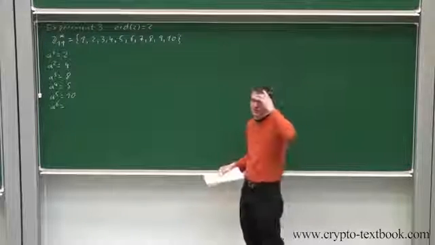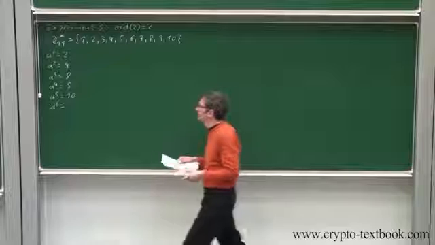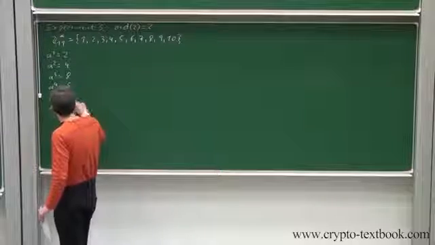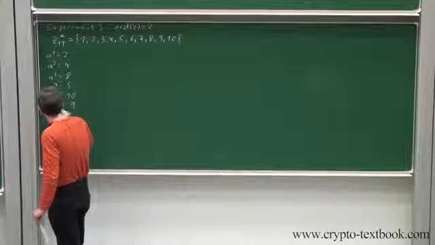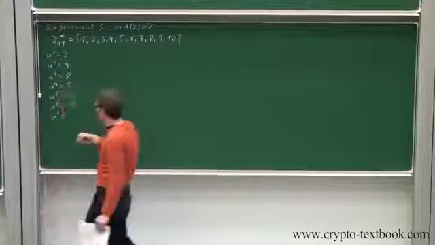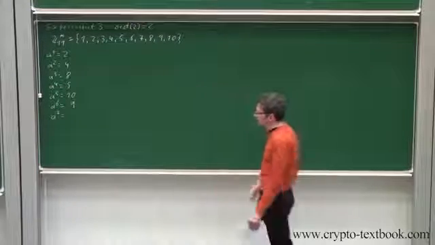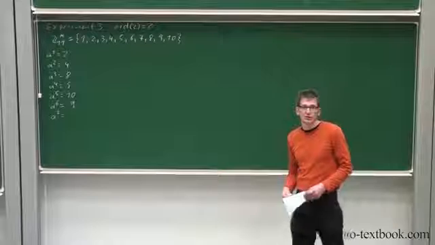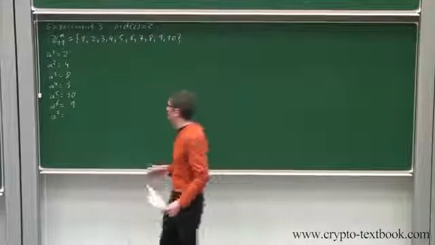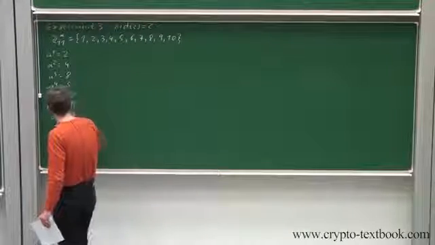What is 20 modulo 11? 9. Very good. A to the 7 is 2 times A to the 6, so 2 times 9 is 18. 18 modulo 11 is 7. Very good. Good teamwork.